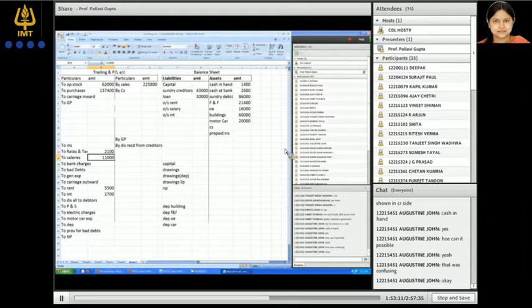Discount allowed to debtors. Again the expense, PL, 2400. Discount received from creditors. This will go in the credit side by discount received from creditors.